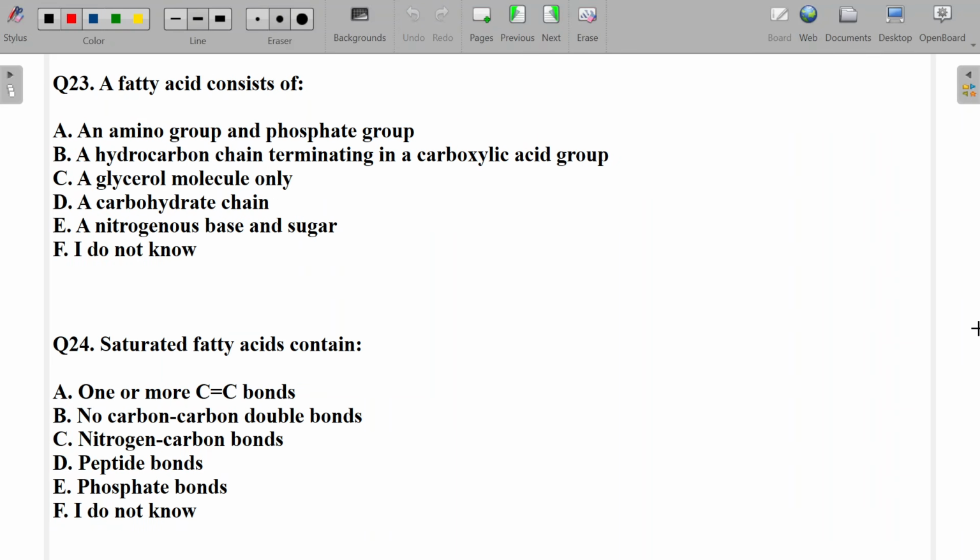Okay. Question 23. A fatty acid consists of A, an amino group and a phosphate group, B, a hydrocarbon chain terminating with a carboxylic acid group, C, a glycerol molecule only, D, a carbohydrate chain, E, a nitrogenous base and a sugar, F, I do not know.